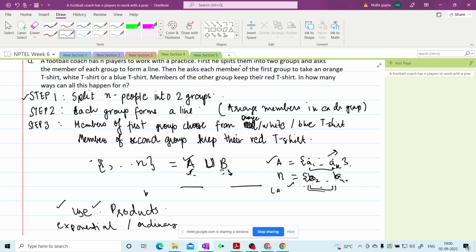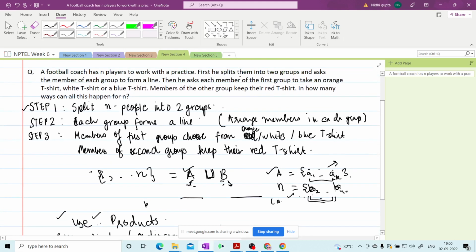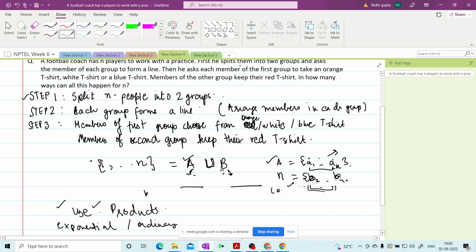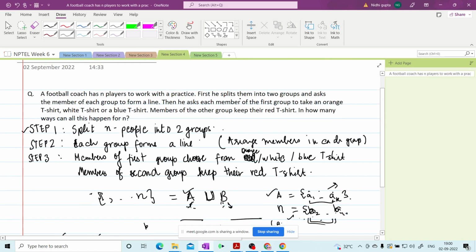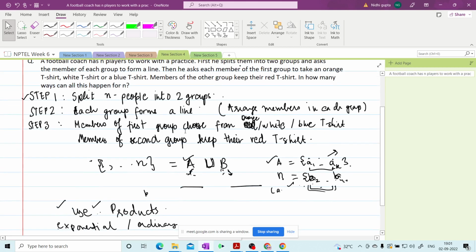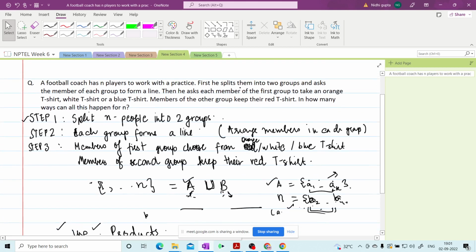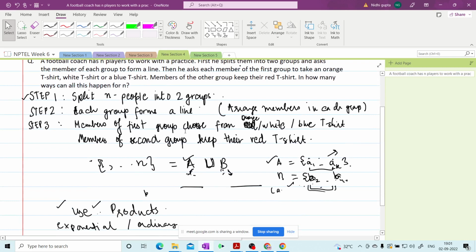So what do you think? Here we are dividing the set into 2 groups, so arrangement matters. Which type of functions should we use, ordinary generating functions or exponential generating functions?